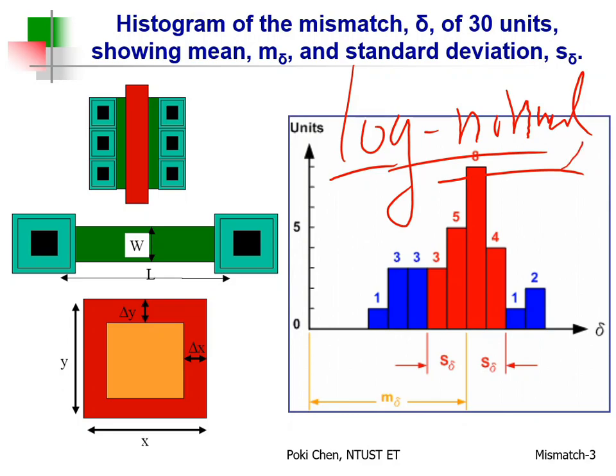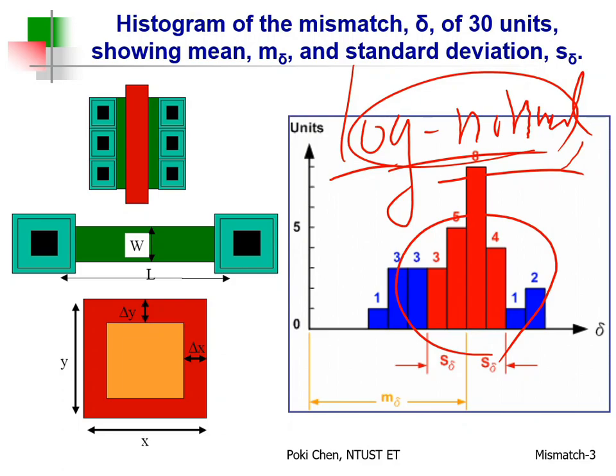However, if the deviation is not so big, then log normal can be approximated by normal distribution. This is the reason why people always use normal distribution to describe such kind of parametric variation, but it is never true in theory. That is only for approximation. Keep this in mind.